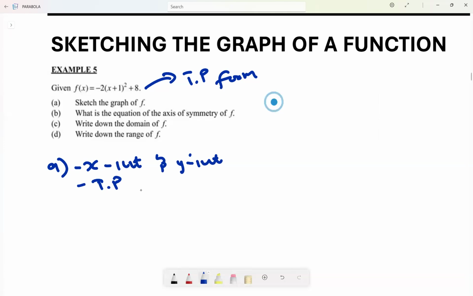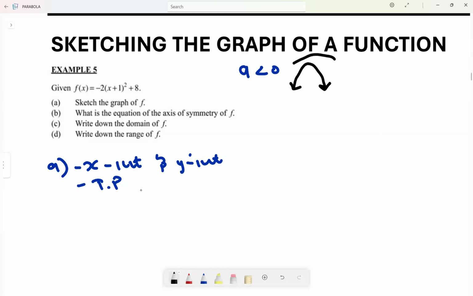First things first, before I look at anything, I interpret. What is the value of a? The value of a is less than 0. It is negative. Therefore, if it is negative, I'm expecting a shape that is sad. I'm expecting my graph to have this shape.